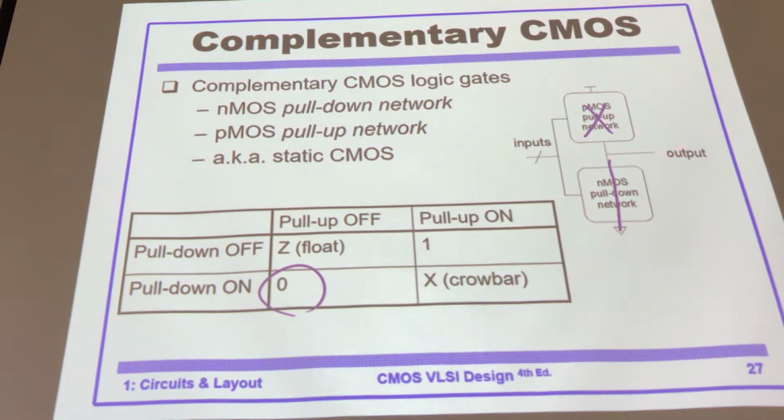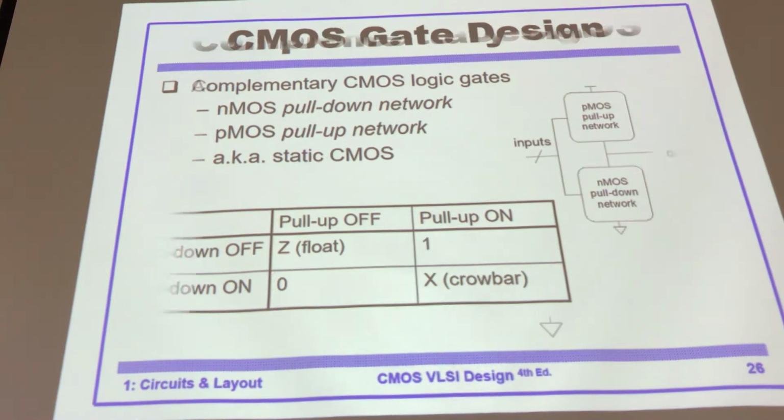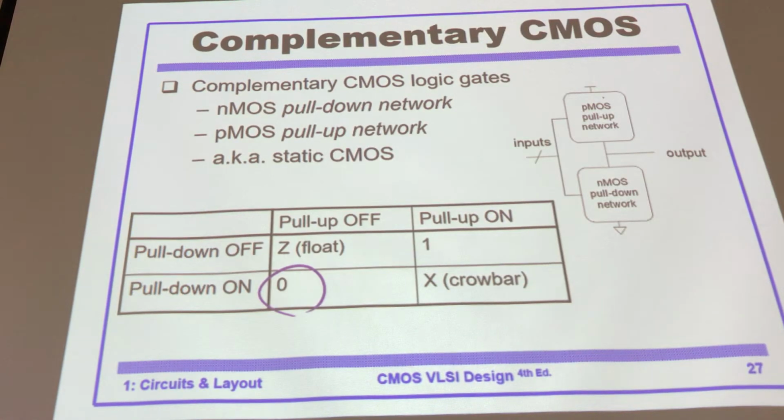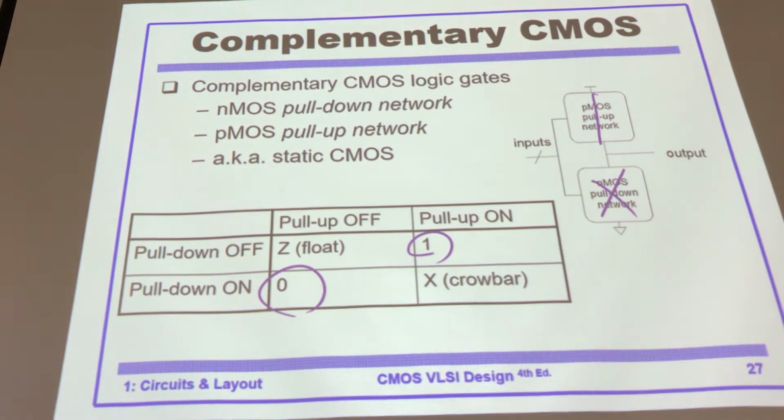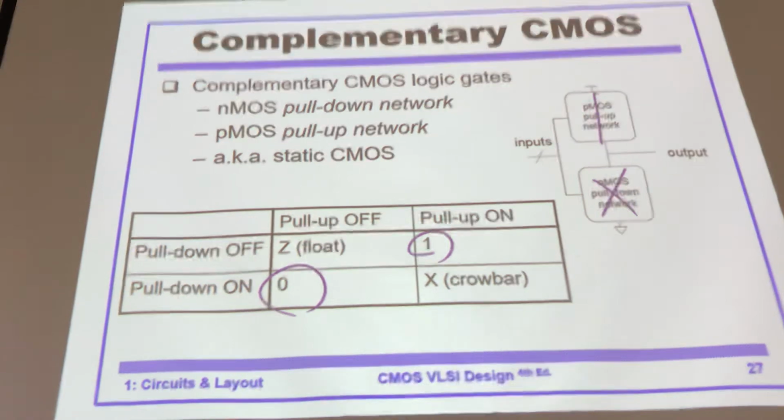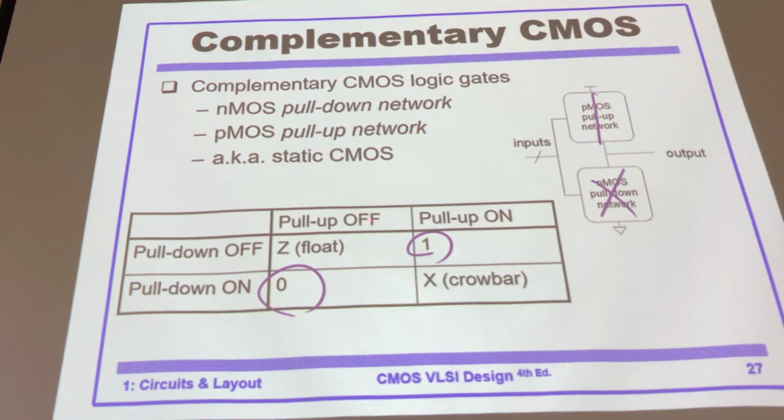When pull-up is on and pull-down is off, you get output 1. These two cases are the most common. But sometimes, in some special circuits, you might get pull-up off and pull-down off, both. When both are off, then what happens?